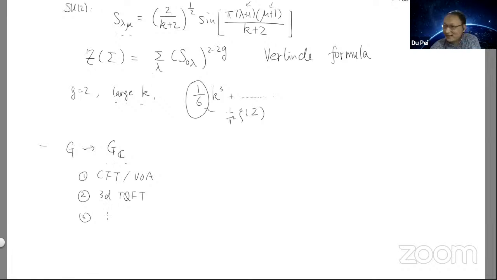And then in terms of geometric quantization, also the moduli space of flat connections, and another one that I didn't talk too much about, quantum cohomology, quantum K-theory of certain spaces like Grassmannians.